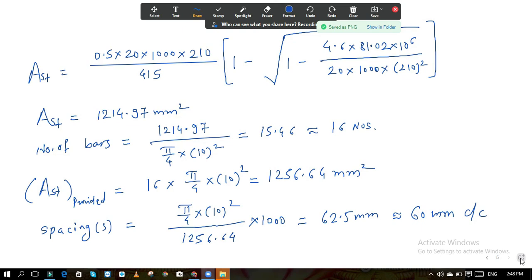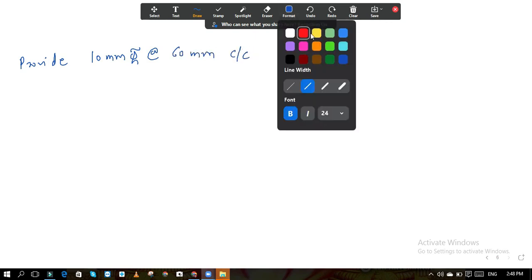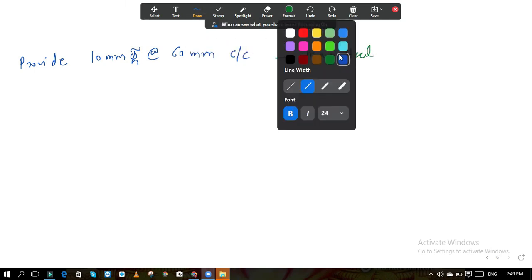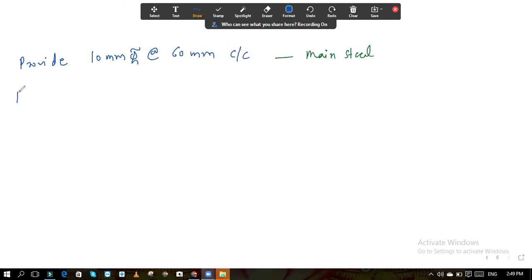So finally we can write provide 10 mm diameter bars about 60 mm center to center. So this is your main steel. And then now top extra bars.